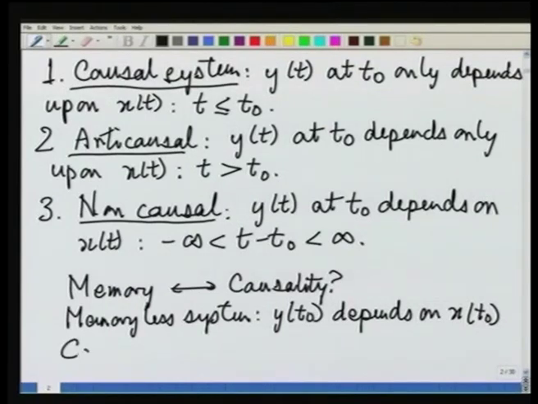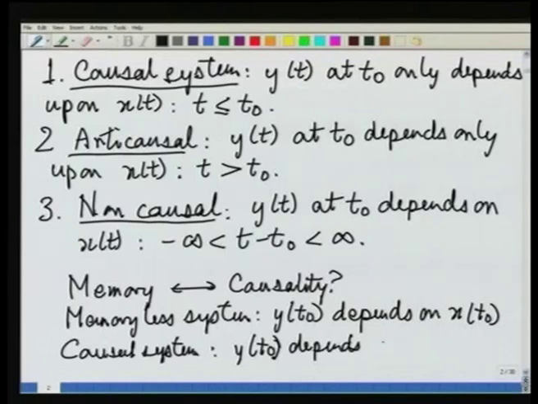Causal system: y(t naught) depends on x(t) for t less than or equal to t naught.